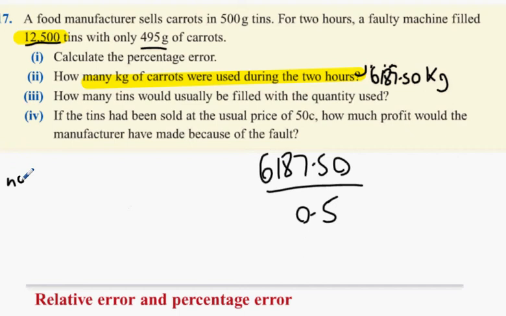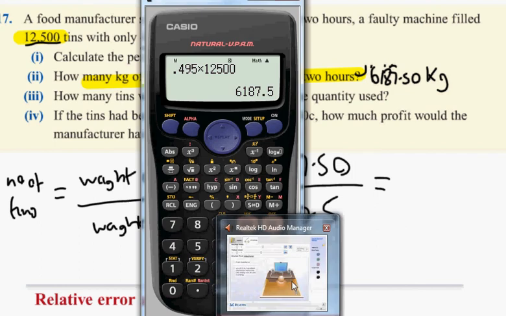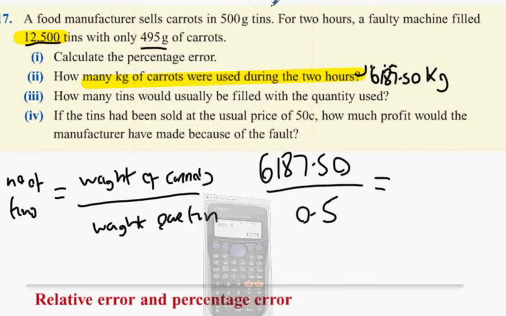So number of tins will equal mass of carrots divided by weight per tin. Divide that by 0.5, and you get an answer of 12,375 tins.